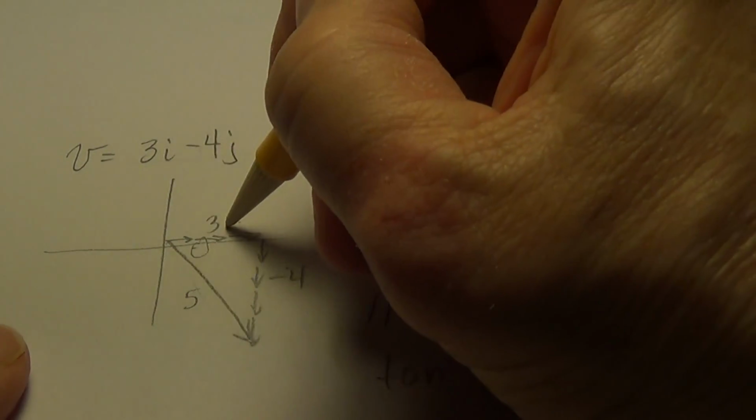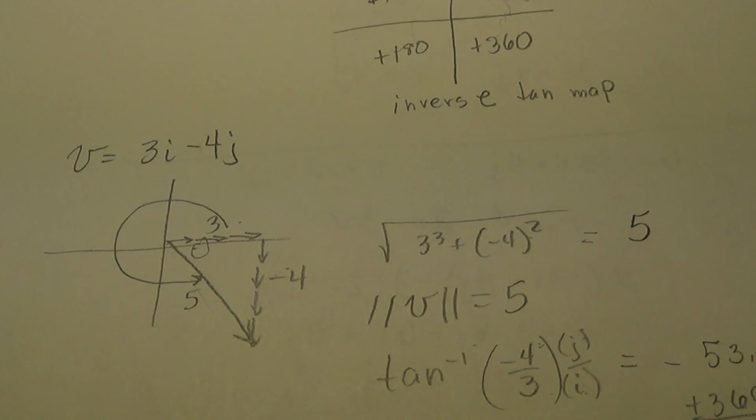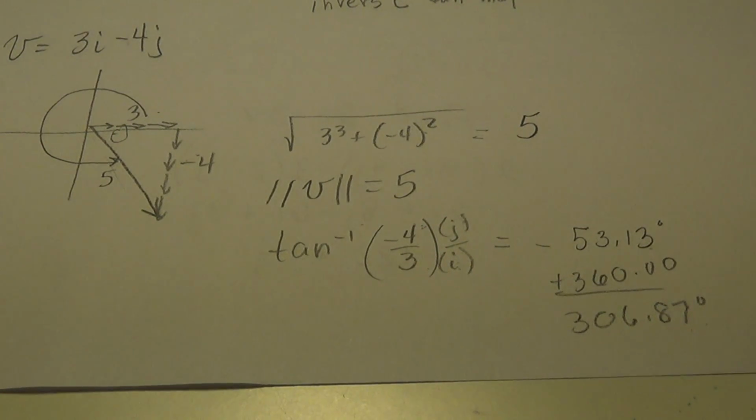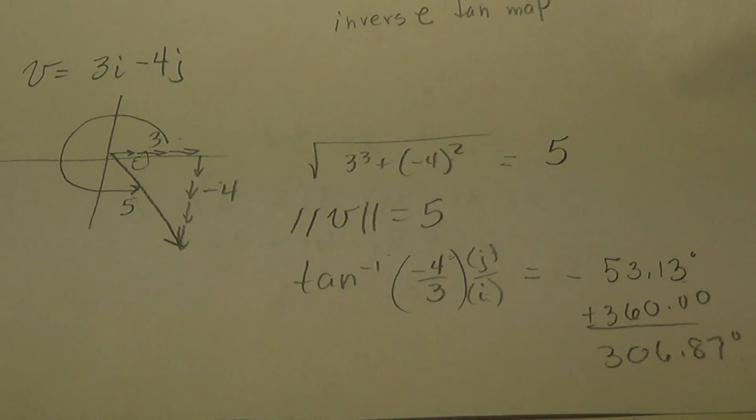So that is the angle that we have in that problem. 306.87 degrees. All right, let's go the other way, and then we'll call it a night. The other way goes like this.